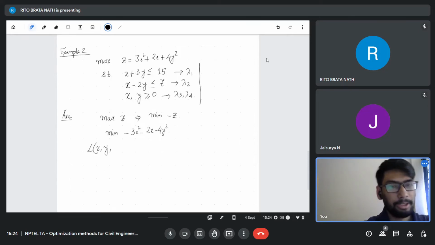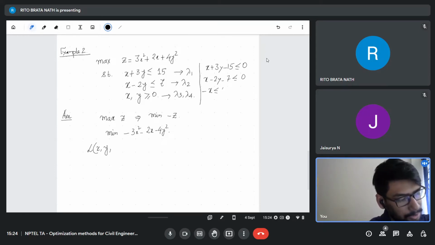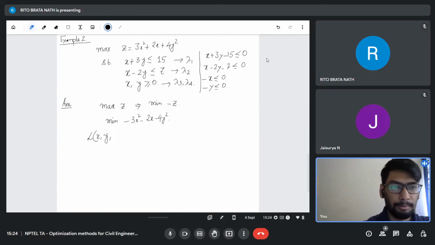Also you need to convert this into a less than or equal to type constraint. So this will be less than or equal to 0. This will be x minus 2y minus 7 less than or equal to 0. And this will be minus x less than or equal to 0 and minus y less than or equal to 0. So finally you have converted your problem into the standard form. That's the first step.